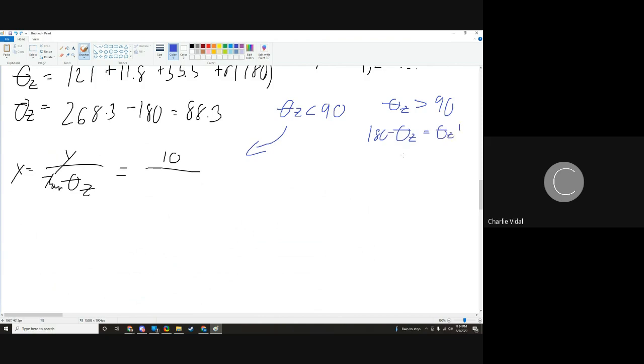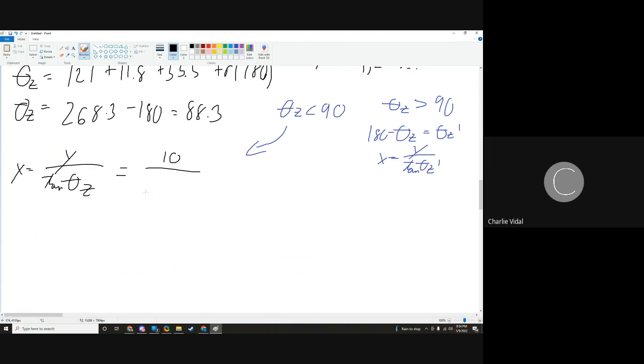And after that, then you can do this equation, but it would be x is equal to y over tangent of theta z prime. Okay. So if it's above 90, then you have to do an extra step, but this is not above 90. I don't believe any of the questions over here are above 90, so we're good.